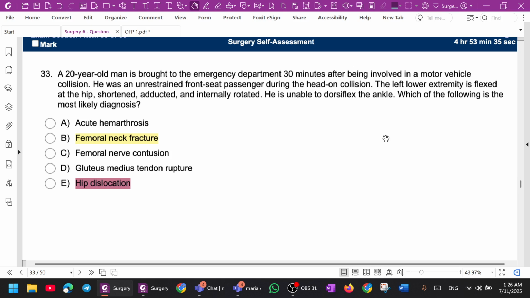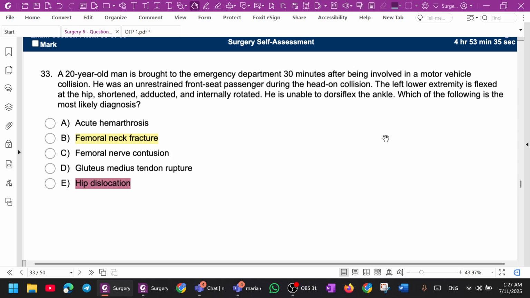And it's not femoral nerve contusion, which will result in dysfunction of the femoral nerve, which innervates the anterior compartment of the thigh, the quadriceps, and provides sensation for the anterior thigh and anteromedial leg via the saphenous nerve.